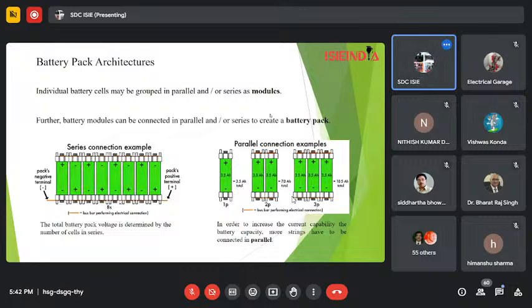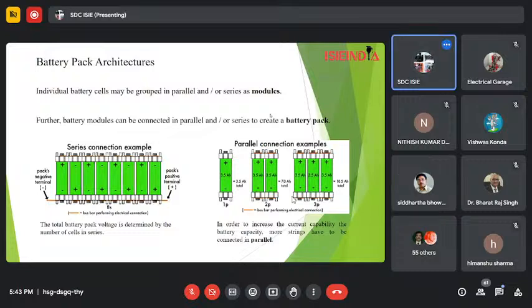So there are different combinations like series combination and parallel combination. Can anyone tell me how the series combination is done, how the parallel combination is done, and what happens in them? A series connection is between the negative terminal of one cell and the positive terminal of the successive cell.